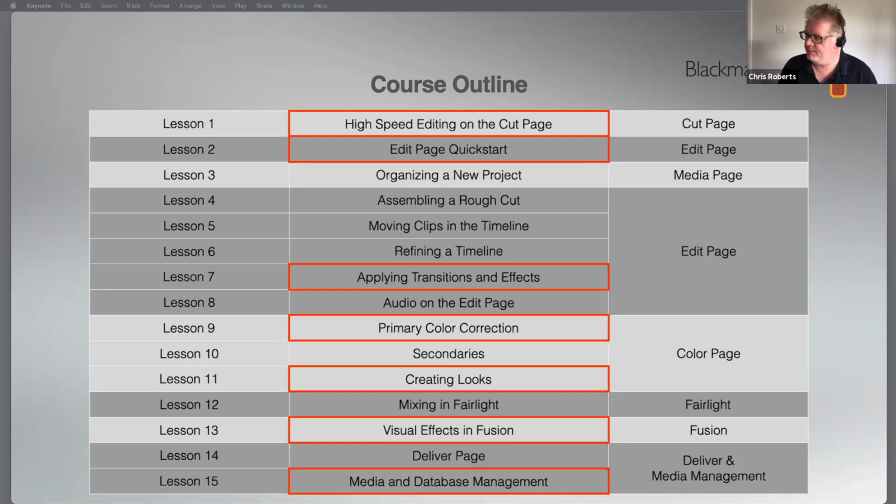Well, I say completely rewritten. It's not the kind of, do 3 different exercises in Fusion, but again we'll spend a bit of time talking about that as well. And then the other thing towards the end there is lesson 15. We're just going to touch on the media and database management side of things at the end.